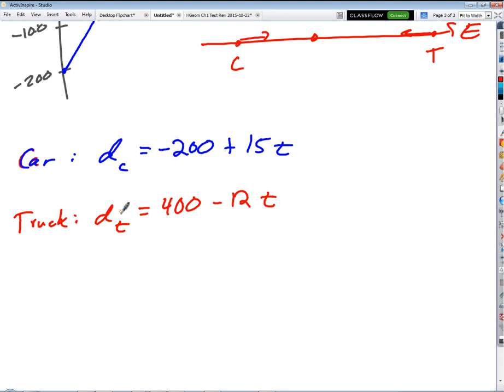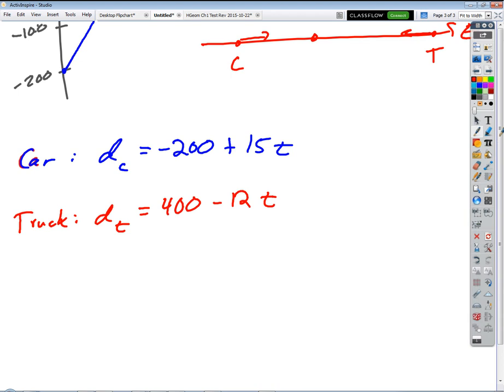By setting those equal to each other, we're asking a question of the physics gods: when are those two quantities the same? We'll solve a math equation, and that's how they communicate back to us when that happens.